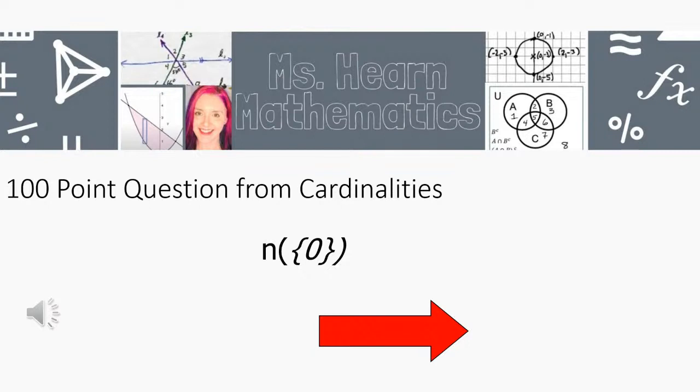The number of the number of elements in a set, right? Or the number of numbers if it's a set of numbers. So how many numbers are in that set?